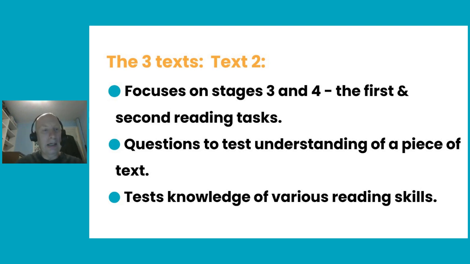Just so we're clear, stage 1, the warm-up, the warmer, the lead-in, we don't deal with. Stage 2, which you have dealt with in the previous text, is pre-teaching the vocabulary, and then stage 3, when you actually present them with the task, and then ask them to read it.